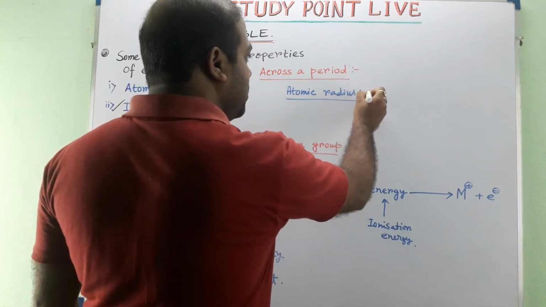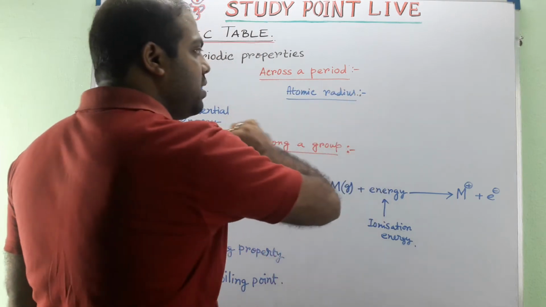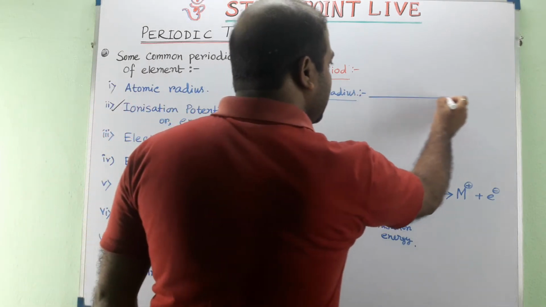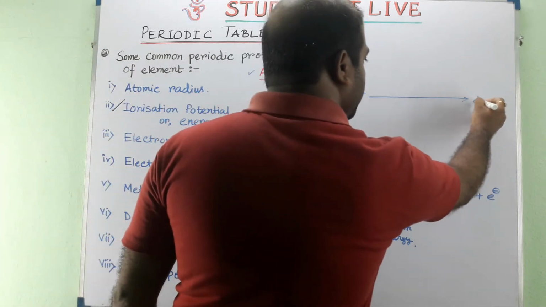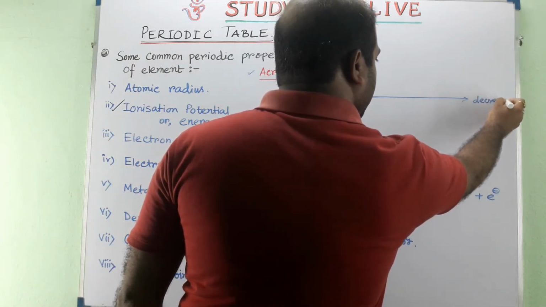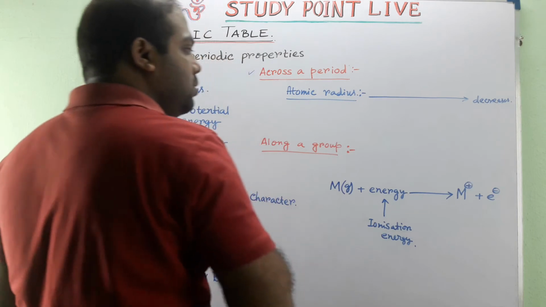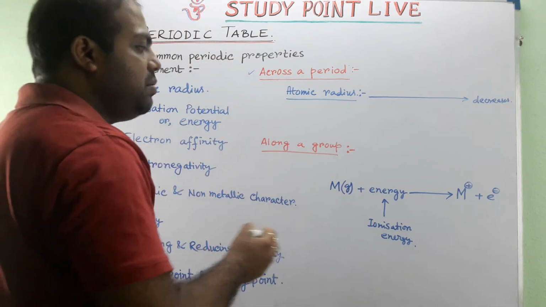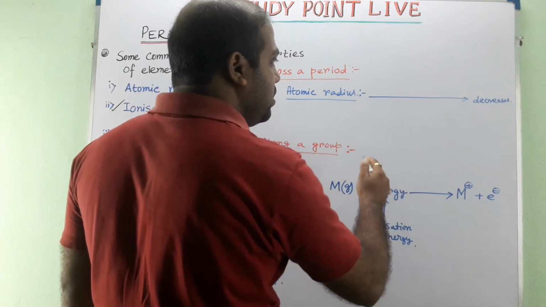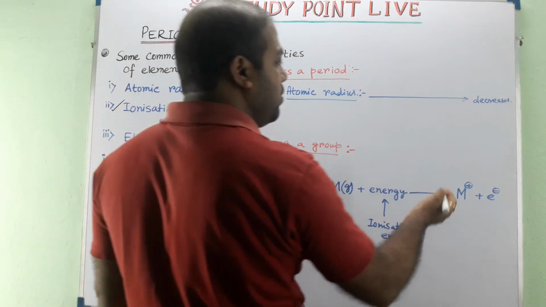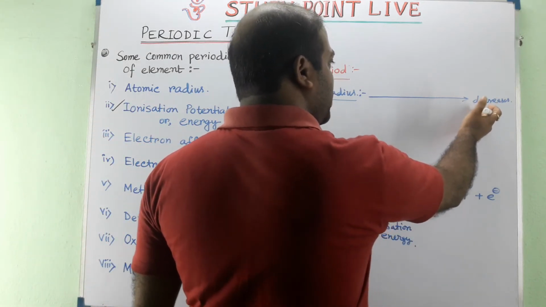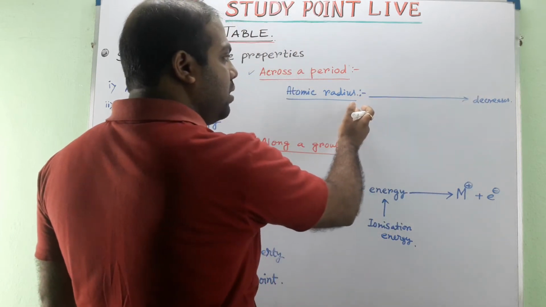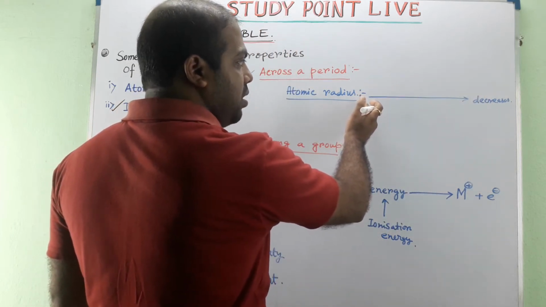Since the atomic radius decreases across a period, the minimum energy required to remove the electrons from its outermost shell is greater than that of the left side element or metal.